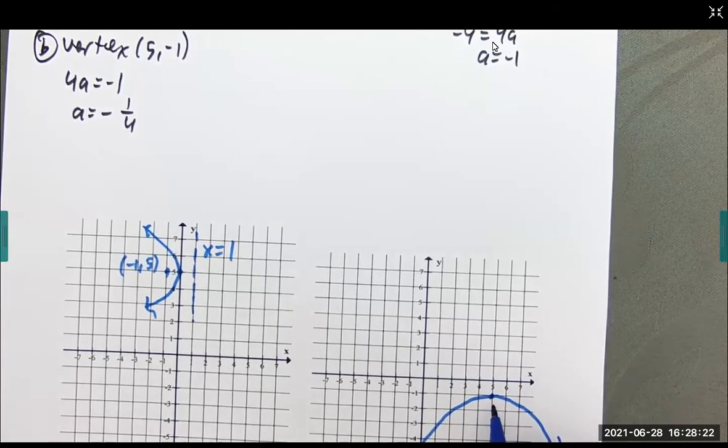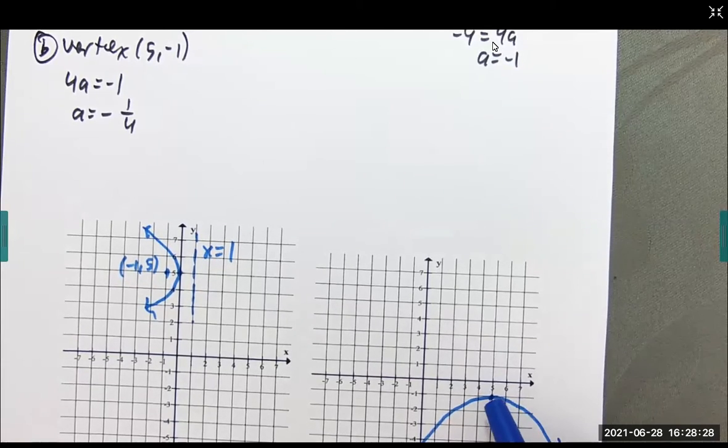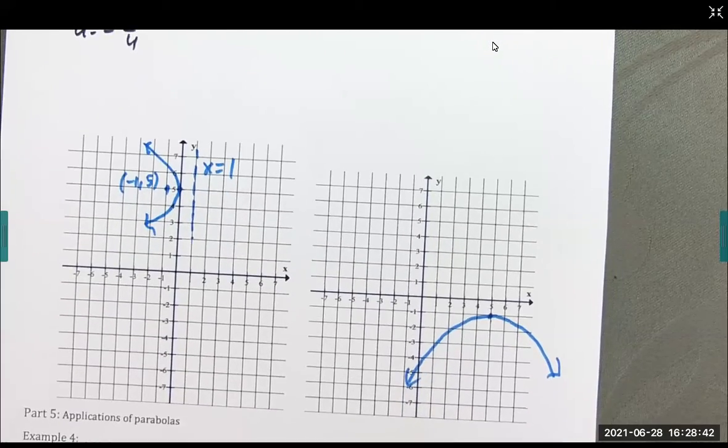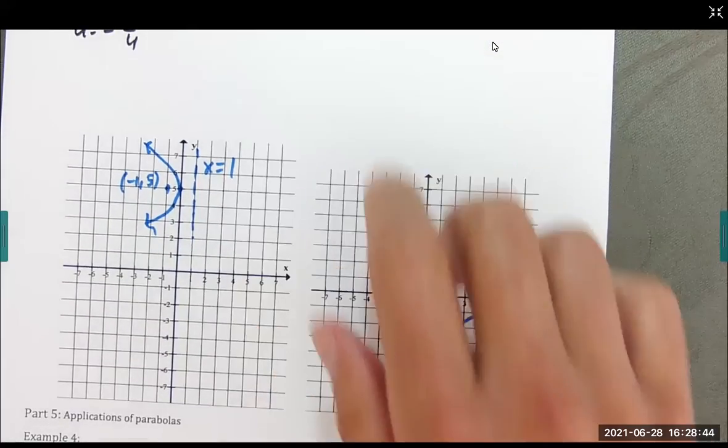And the focus is going to be negative 1 minus 1/4. So negative 5/4, and then here it's going to be negative 3/4 for the directrix. I'm not going to try drawing it in, that's too bad. But there it is. If you want the specific points, you can always make a table.